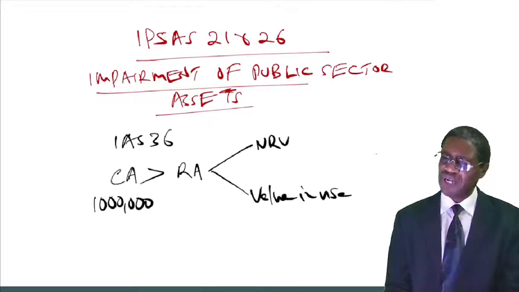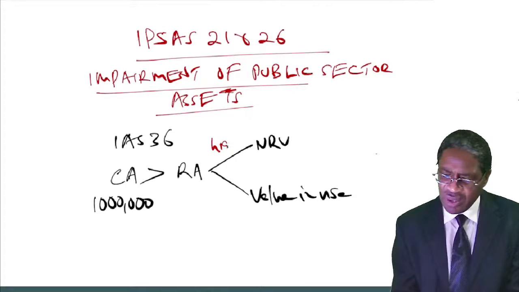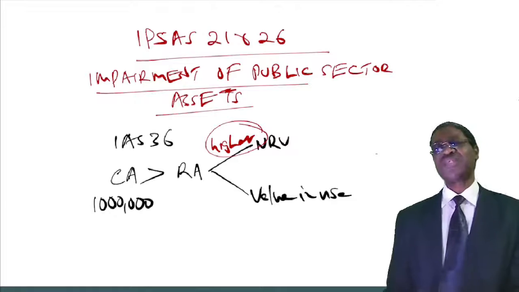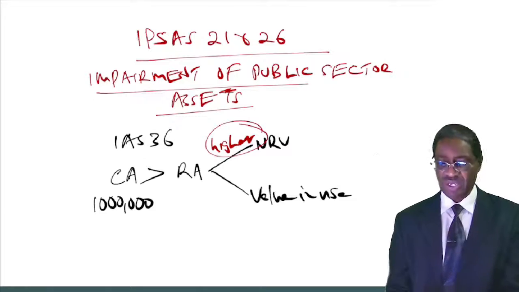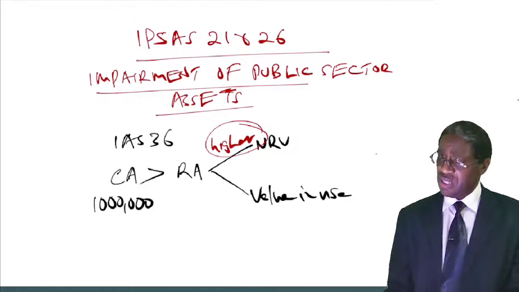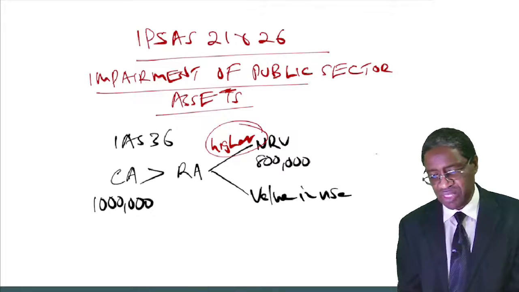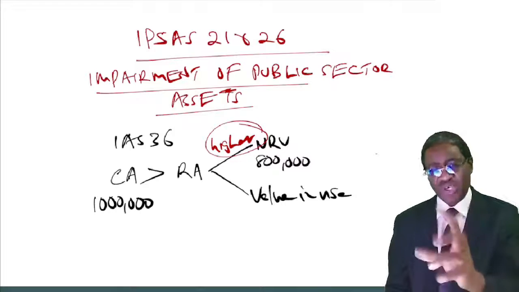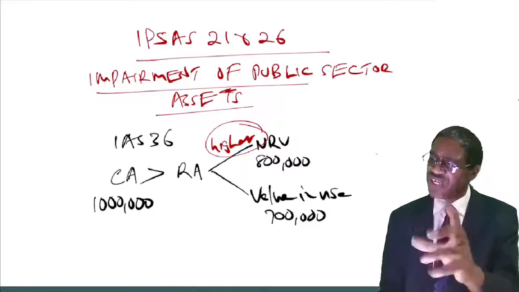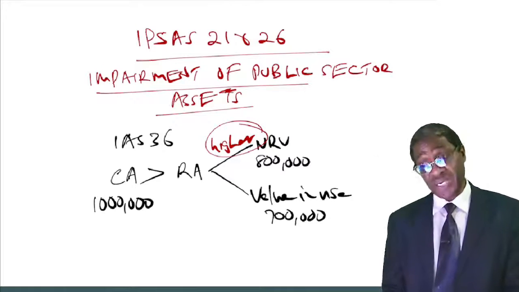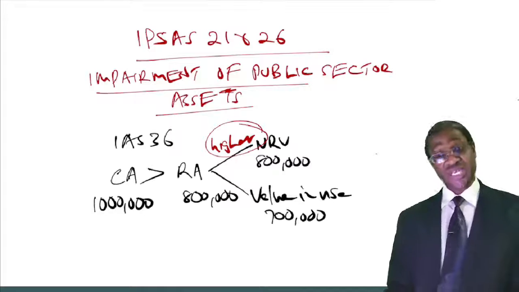Once you compute these two values for that asset, then we said whichever of the two is higher, that is what becomes the recoverable amount of the asset. For example, if you computed the net realizable value of your asset and you got 800,000, and you computed the value in use and you got 700,000, then whichever of the two is higher, that's what you pick to become the recoverable amount, which in our case will be 800.